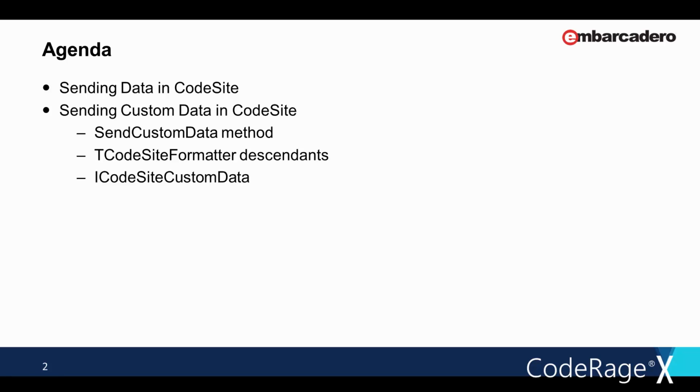So real quick, I want to provide a quick overview of some of the different data types that are supported in CodeSite. But the key is how we can extend CodeSite to handle formatting data that doesn't necessarily have a predefined representation. When we're talking about a string or a date time, we know how those need to be displayed.